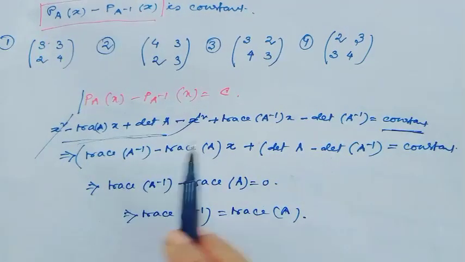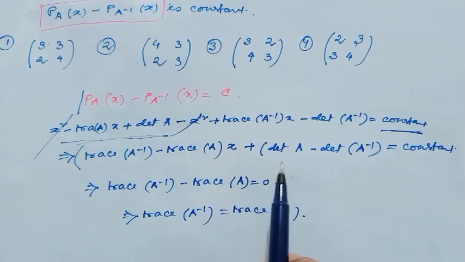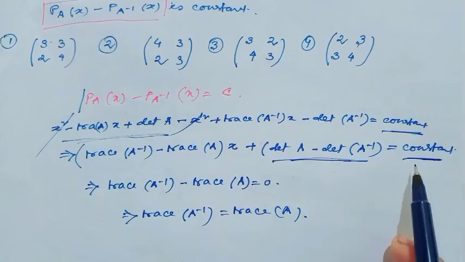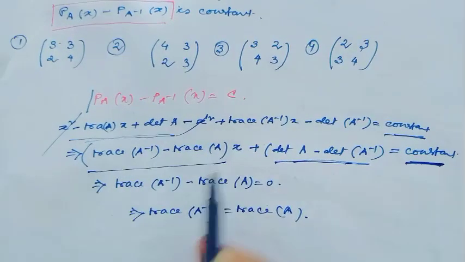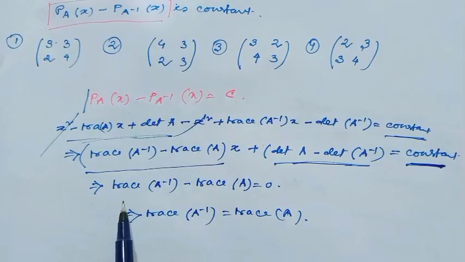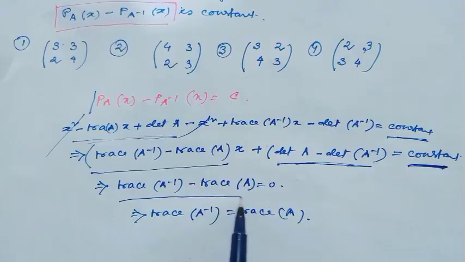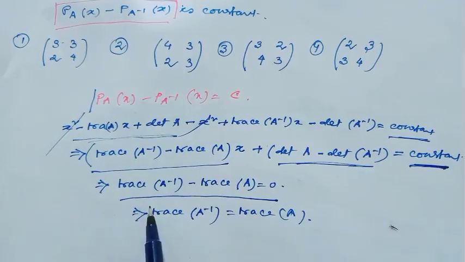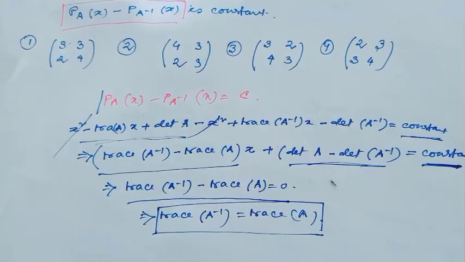Then this would be (trace of A inverse minus trace of A) times x plus determinant of A minus determinant of A inverse equals a constant. Since this is equal to a constant, obviously the coefficient of x would be 0. So trace of A inverse minus trace of A equals 0, and that implies obviously trace of A inverse equals trace of A.